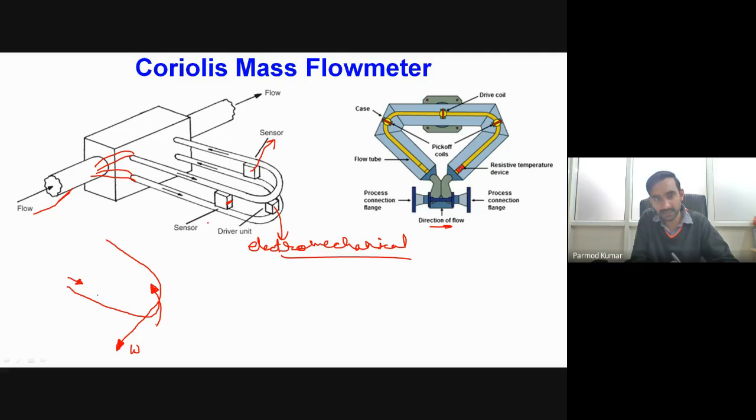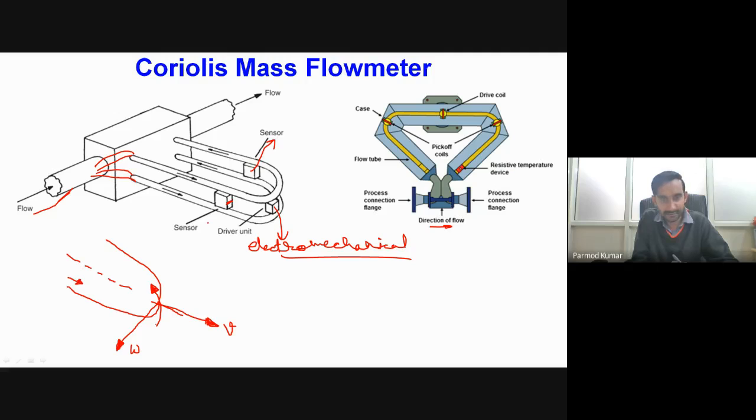So you can see over here, for this particular left portion of the tube, we are having velocity vector in this particular direction. So what is basically happening? This fluid will be having some velocity. So let me write this velocity of the fluid as equal to v.